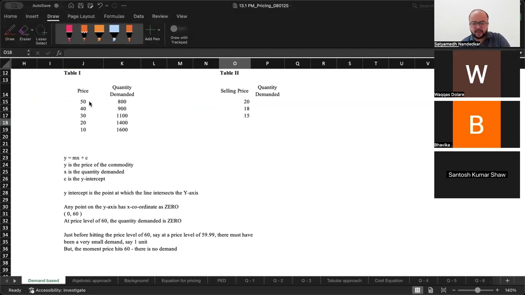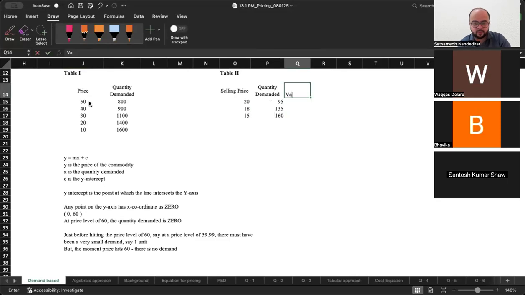When the selling price is 15, the quantity demanded is 160. When the selling price is 18, the price has increased a little, and quantity demanded is 135. Quantity demanded has decreased. And when the price moves up further to 20, this becomes, say, 100 or say 95, for example.